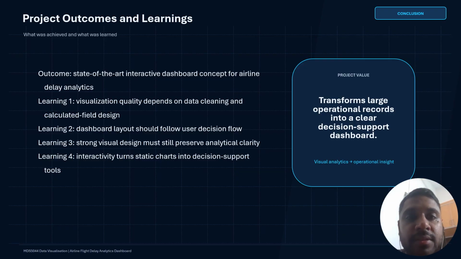I also learned that strong visual design is valuable only if it preserves analytical clarity. And finally, interactivity is what turns static charts into decision support tools because users can filter, compare, and explore the data based on their own operational questions.